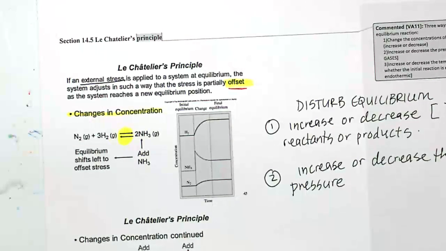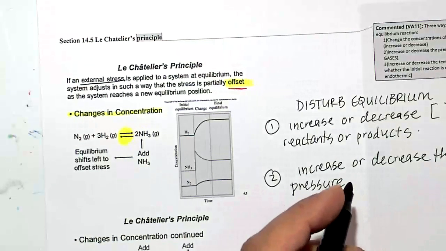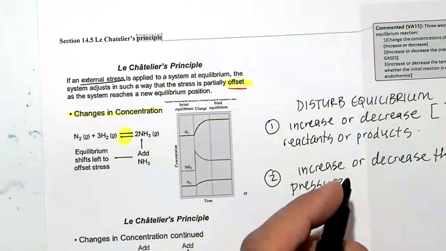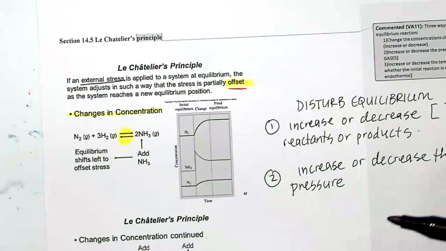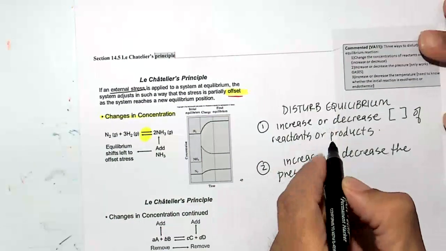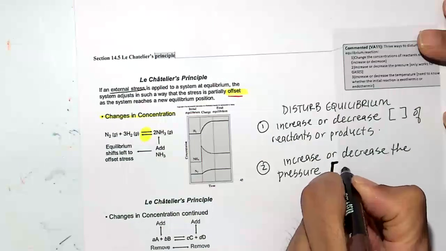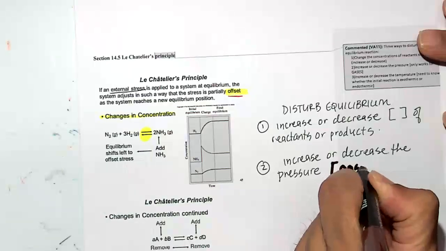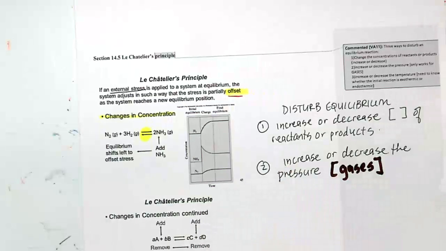See, gases are a big kind of a nuisance. Why do I say it's a nuisance? It's not really a nuisance, but you can express a gas in terms of concentration, or you can express it in terms of a pressure P. So we're going to worry about this anytime we see gases anywhere in our equilibrium.